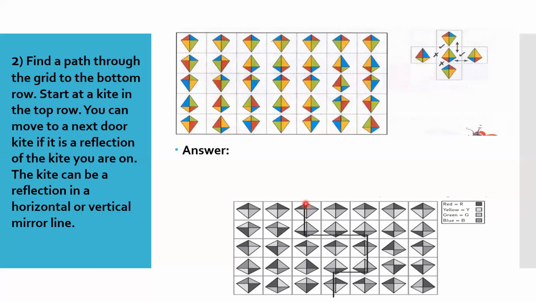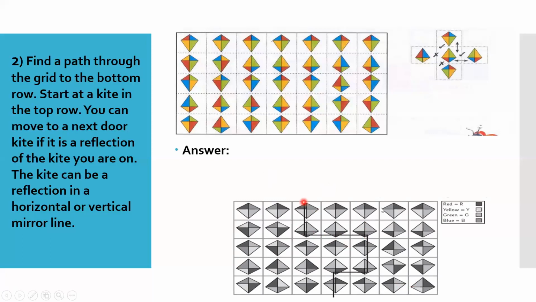So this is the path I find, keeping all the suggestions and conditions the question needs. It is not mandatory that this is the only path. You can also find other paths in this kite grid. The only thing is you need to satisfy all the conditions said in the question.